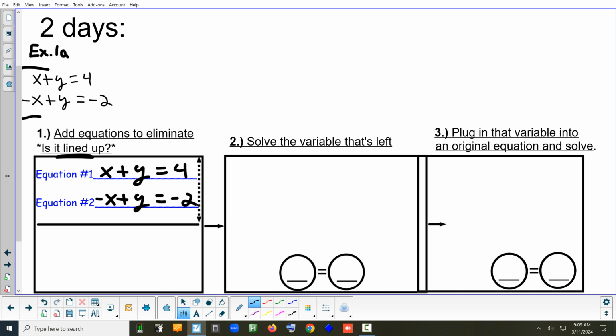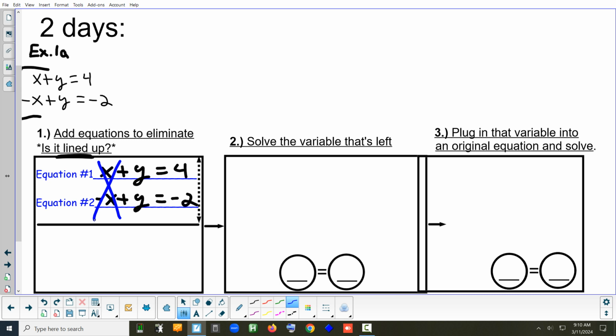Let's start with adding the x's. What's x plus negative x? Well, if we had negative x plus negative x, that would be negative 2x. This is 0, right? Positive x combined with negative x is like 1x minus 1x.